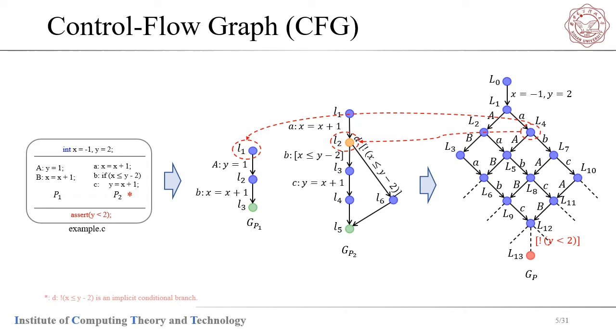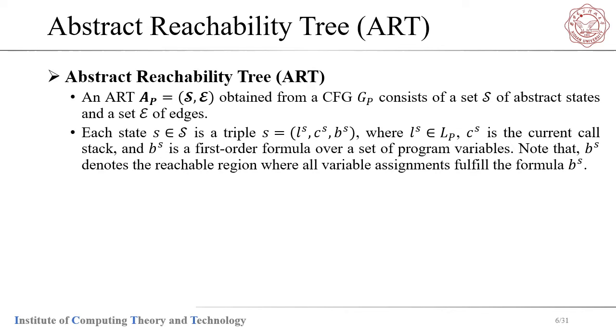For simplicity, we use a subscript I to uniquely represent a combination of thread locations. By unwinding a CFG GP, an abstract reachability tree can be obtained. An ART consists of a set of abstract states and edges. Each state S is a triple, where Bs is the first-order formula over a set of program variables.